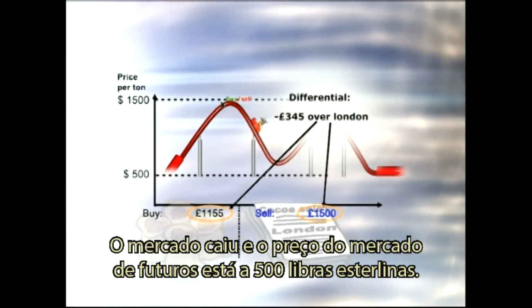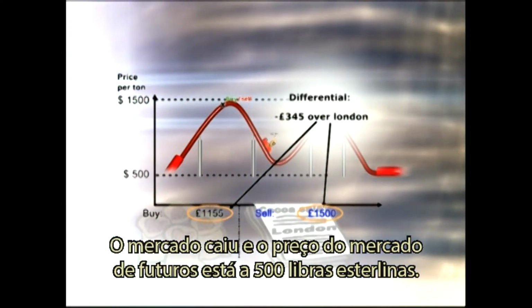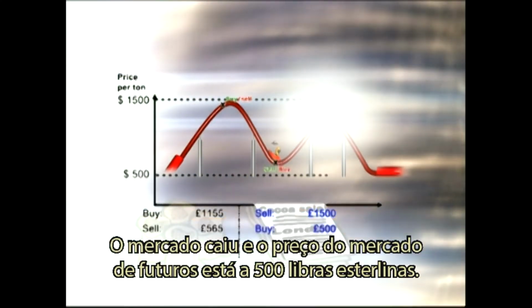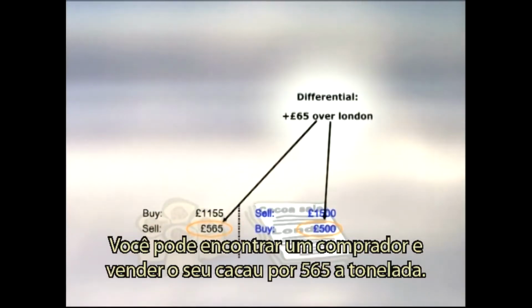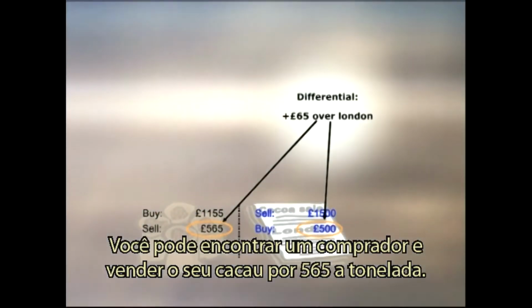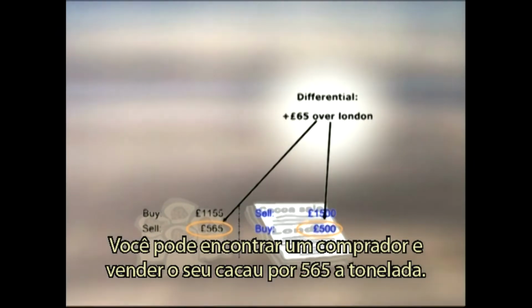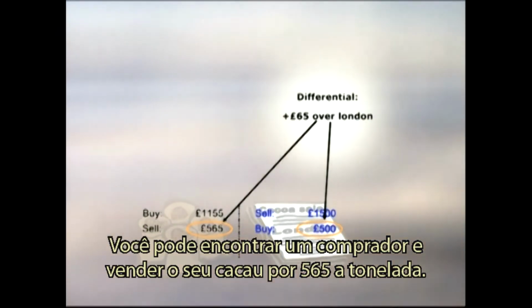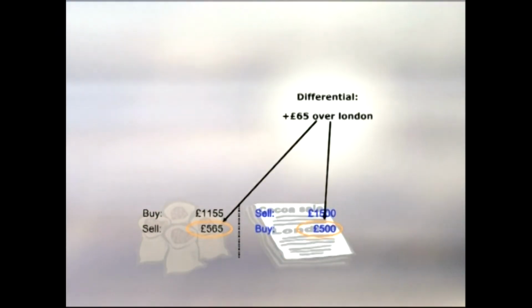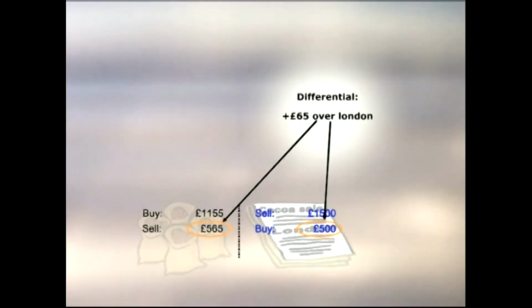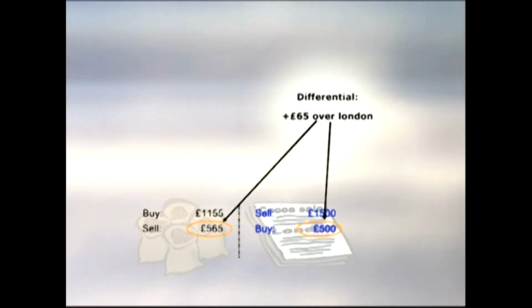The market declines, and the price of the future market is at £500. You can find a buyer and sell him your cocoa at £565 per metric ton. This leaves you a differential of plus 65 per metric ton.